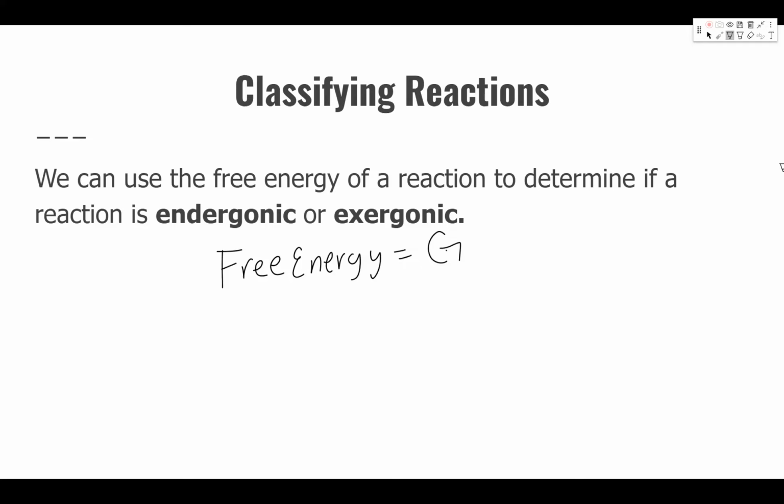And when we want the change in free energy, we use the Greek letter delta and that G. So you should have the G and delta G stuff in your notes already. I just kind of wanted to remind you a little bit. And we can use that calculation to determine whether or not something is endergonic or exergonic. I'm going to talk about what the difference is between those two.